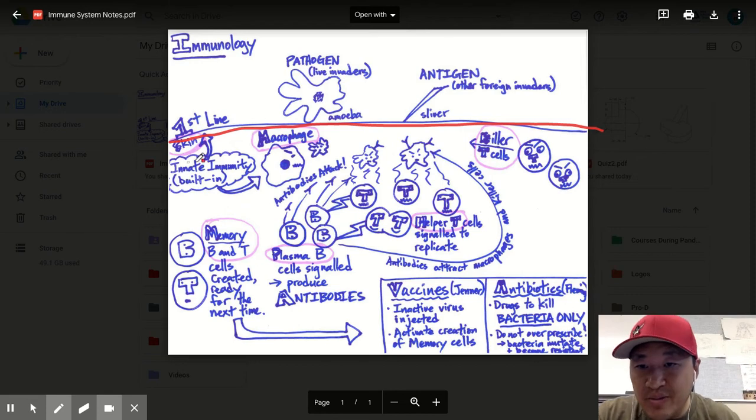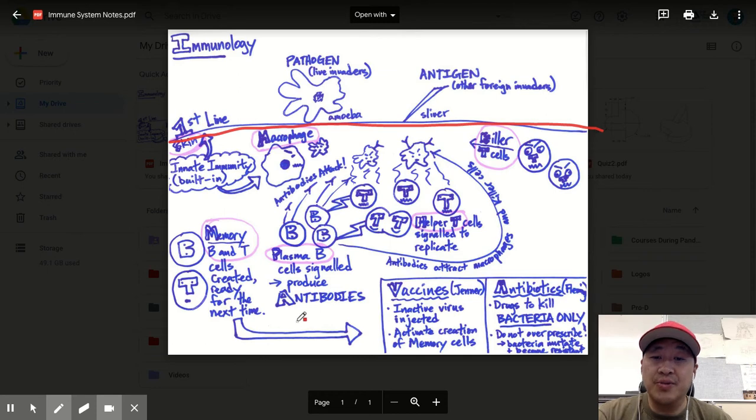So not only do we have innate immunity that's built in, but we have adaptive immunity that are specialized for that specific pathogen or antigen that has come into your body. So your body can be prepared for exactly how it destroyed that pathogen the first time, because there are some B and T cells left behind that can produce the same antibodies and have the same response.